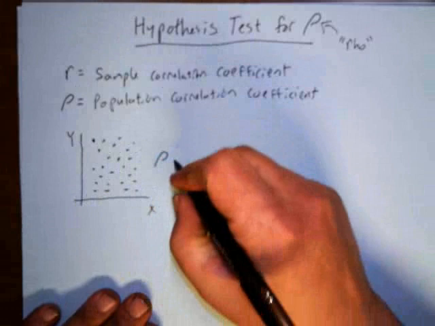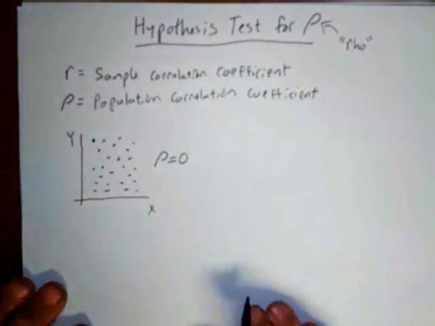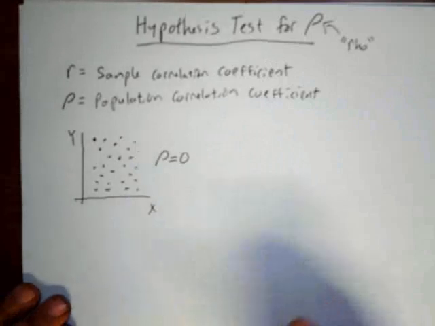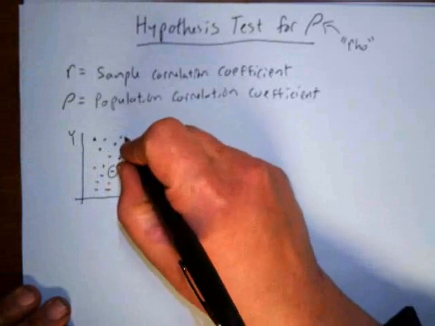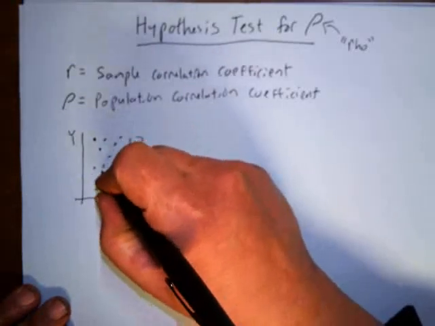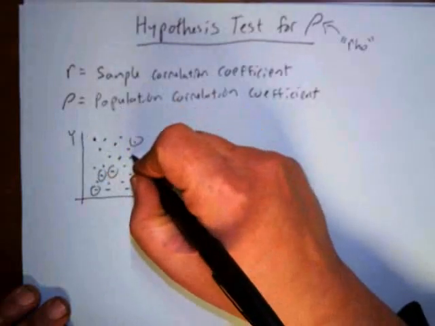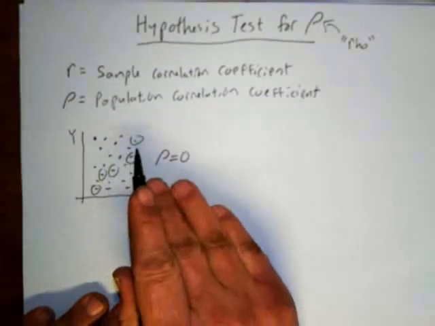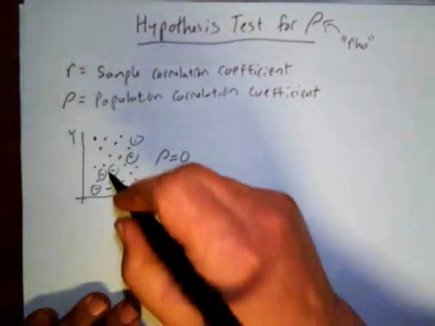If they were randomly scattered and there was no correlation, rho would equal 0, because 0 means there's no correlation. Then let's say you took a sample of 5 values. You grabbed that one, that one, this one, that one, and this one. Those were the values you actually sampled. All the other ones went away and you did a scatter plot with just those 5 values.